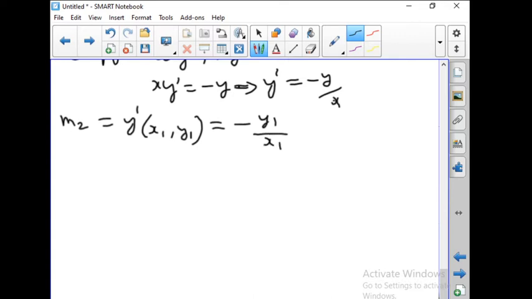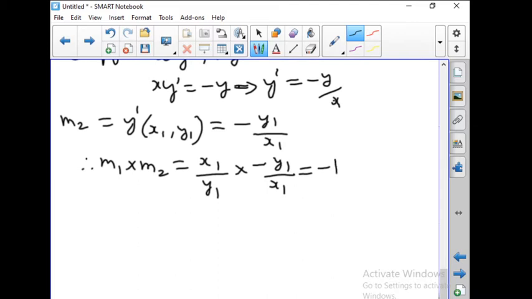So now, as I said, we have to prove that the two curves cut orthogonally. We have to prove that m1 into m2 is equal to minus 1. So you find m1 into m2. m1 is x1 by y1, and m2 is minus y1 by x1, which is equal to minus 1, because this gets cancelled.